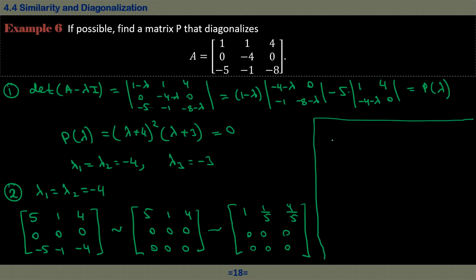Let's continue here. So here we have x1 plus 1/5 x2 plus 4/5 x3 equal to 0. We have two independent variables here, free variables.